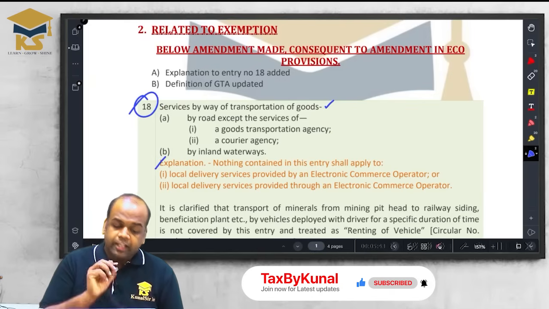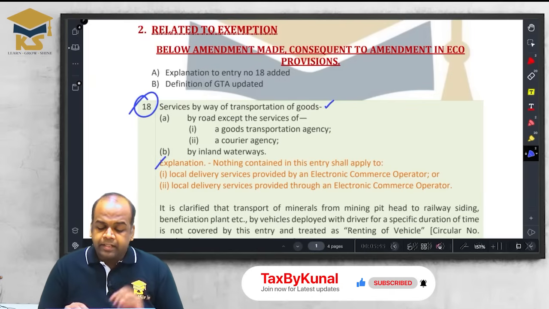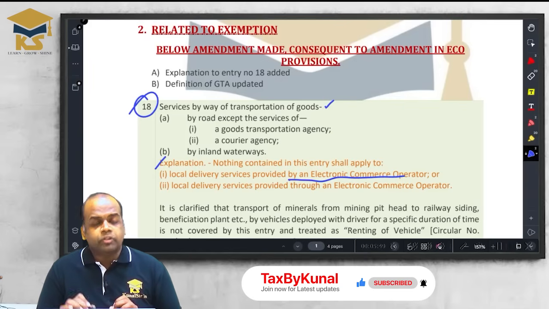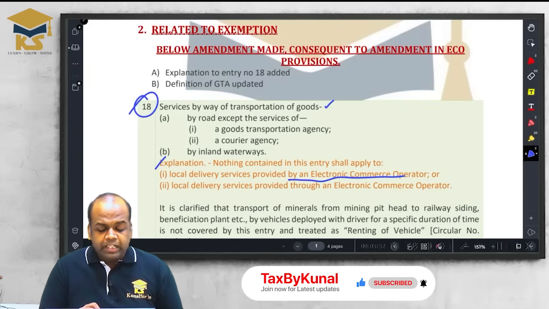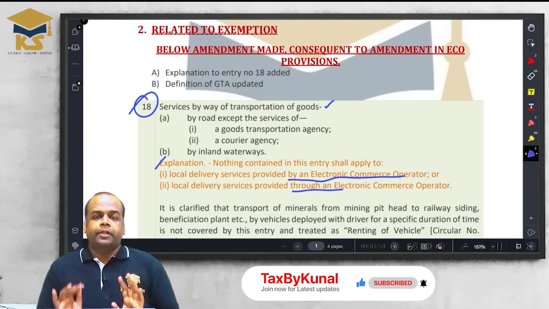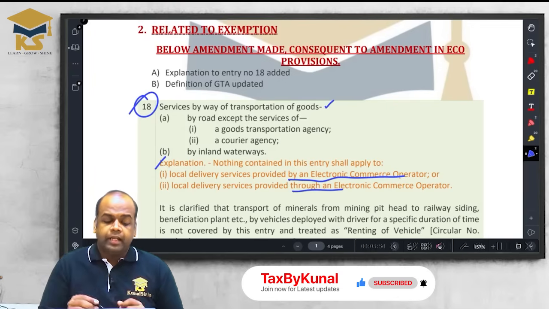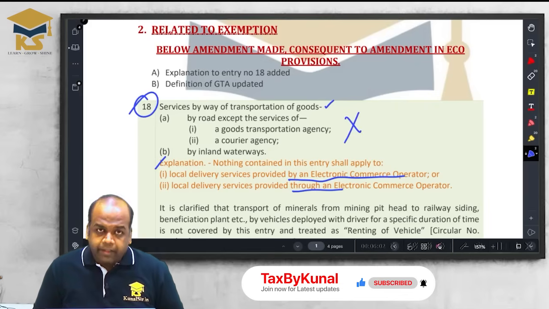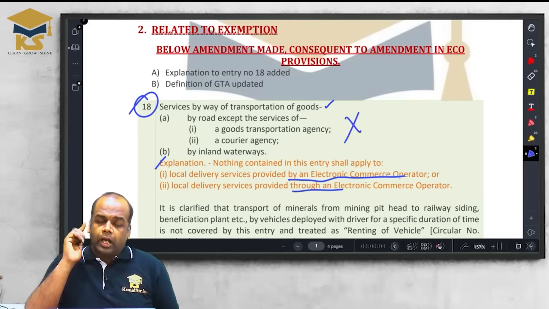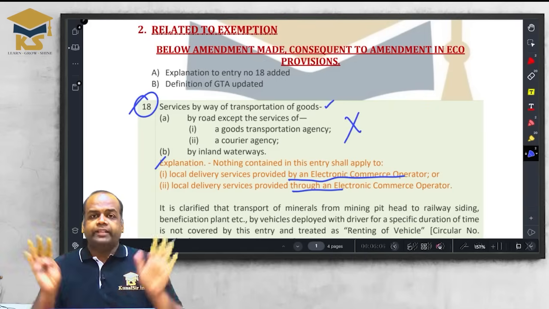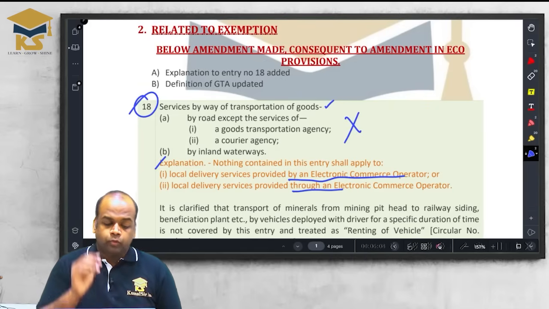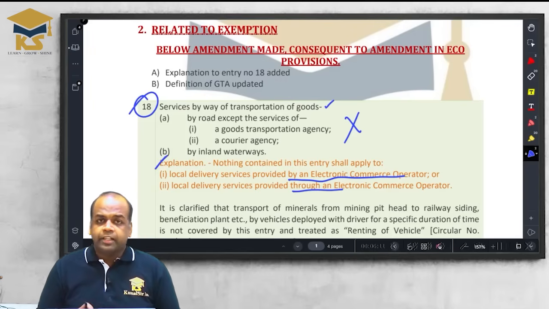So an explanation has been added that nothing contained in this entry shall apply to local delivery services provided by an e-commerce operator or local delivery services provided through an operator. So if you are providing local delivery service, you will not be covered by this exemption entry. Under local delivery, no exemption. So first, this explanation is added.